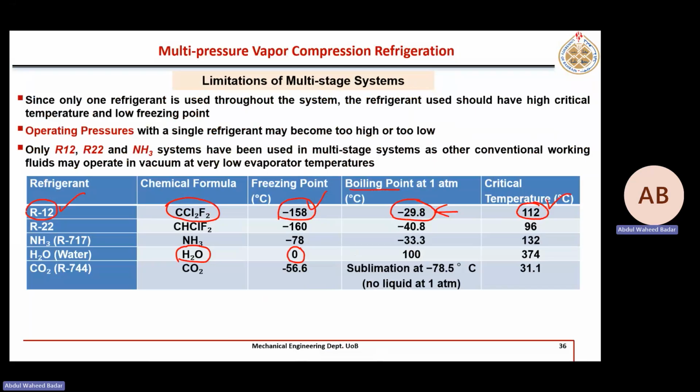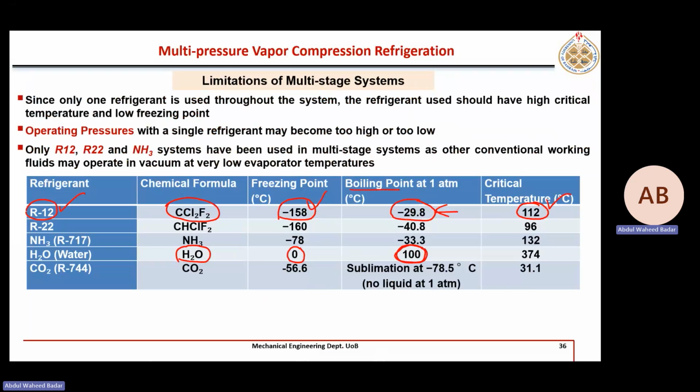It will be frozen. And look at the boiling point at 1 atmospheric pressure, 100. So if you want to use water for evaporation, you have to operate this water system under vacuum.